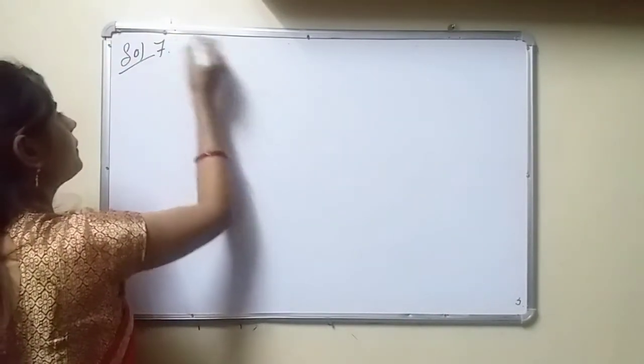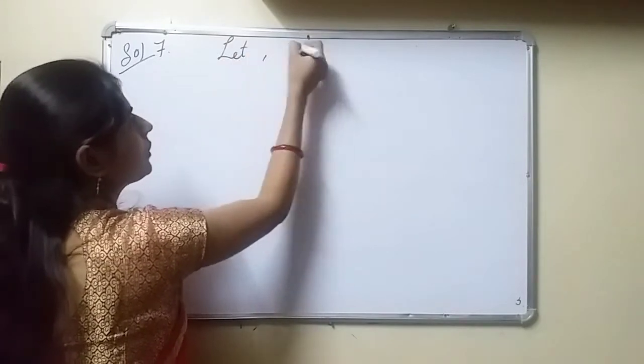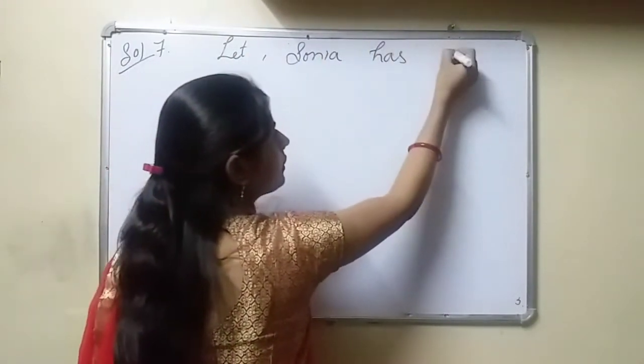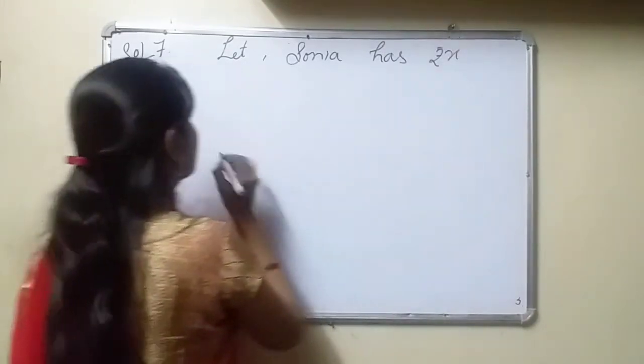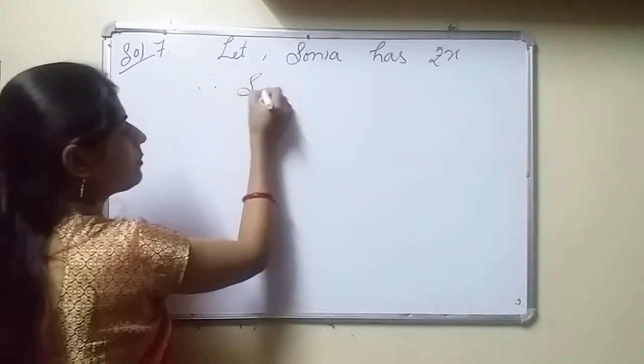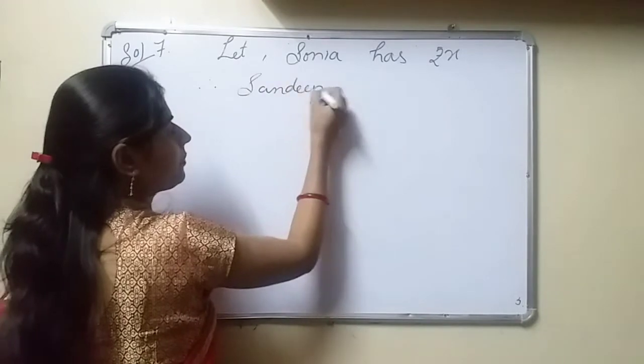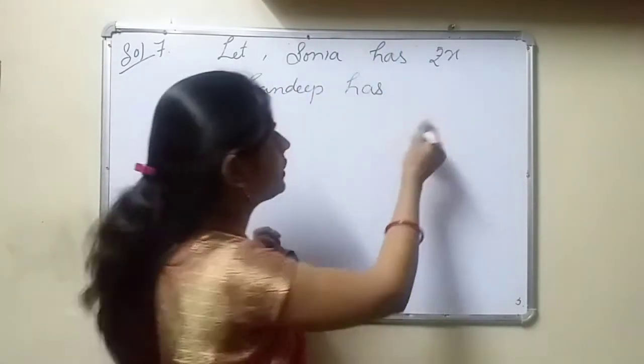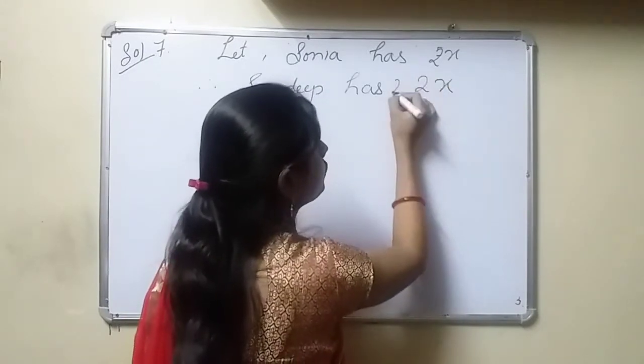Solution number 7. Let Sonia have x rupees. Therefore, Sandeep has twice the rupees of Sonia, therefore 2x rupees.